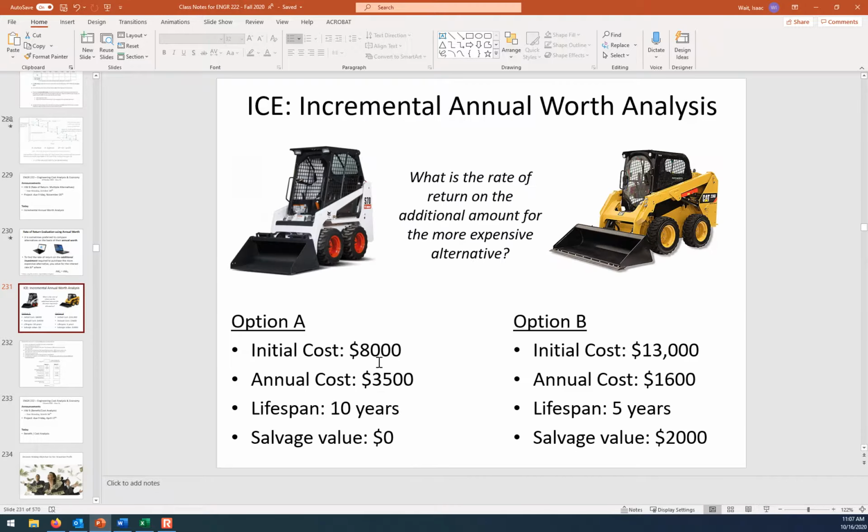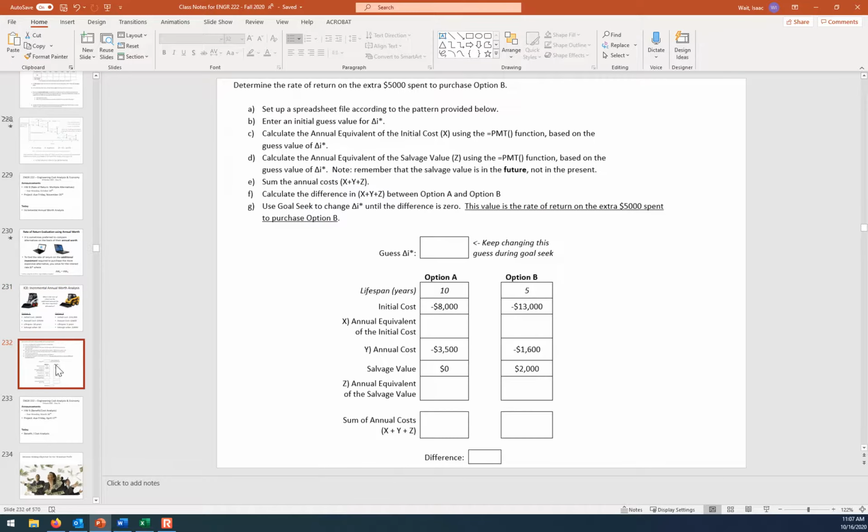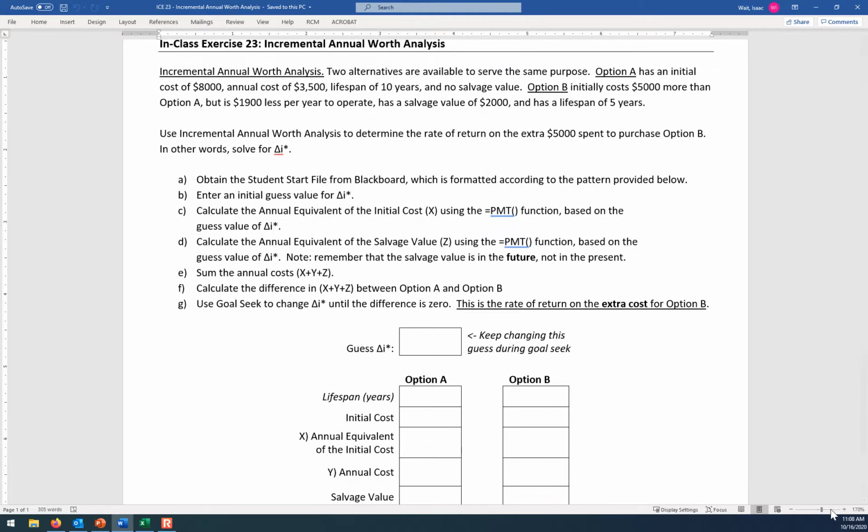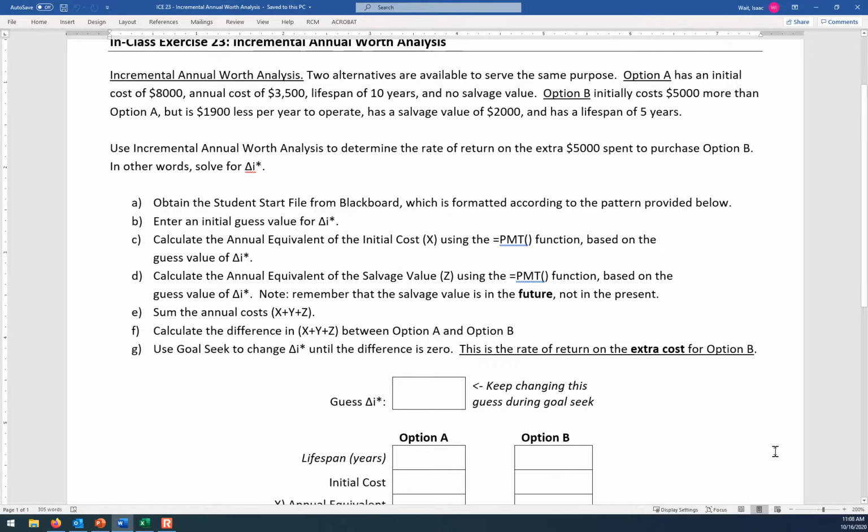In this in-class exercise we're going to use the template file that I sent out, and there's a step-by-step procedure that will allow us to find the difference in the annual cost between them, and then solve for the interest rate that makes the annual costs the same. This is what the in-class exercise paper looks like, if you've printed those out earlier in the semester.